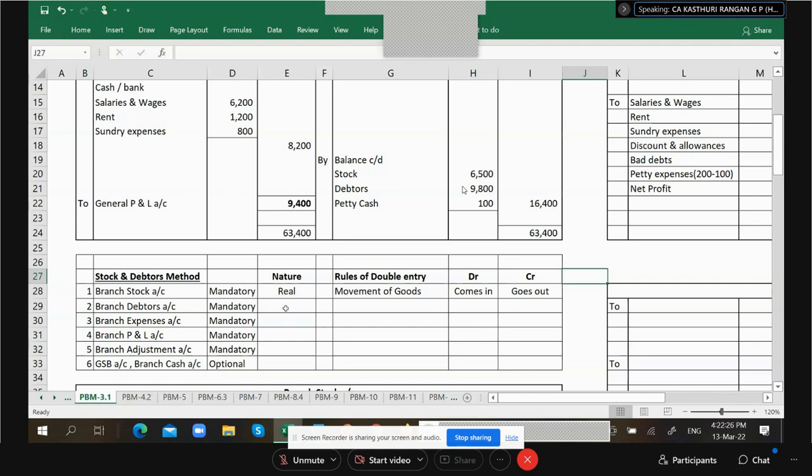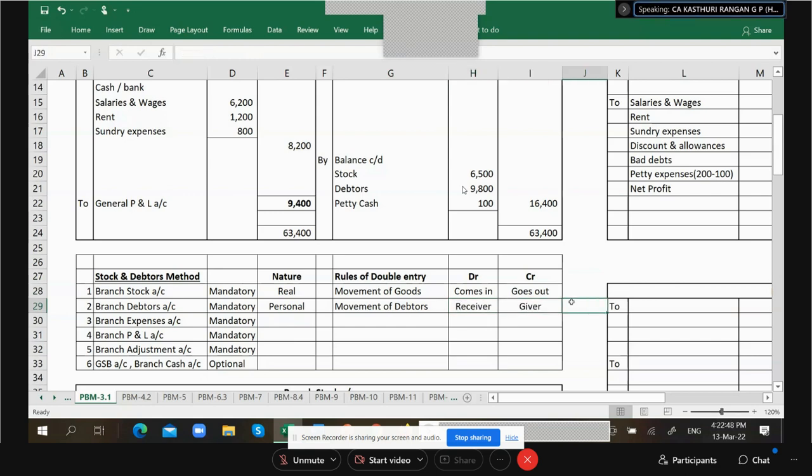Similarly, the debtors account. Debtors accounts are of the nature of a personal account. Here we will record debtors' transactions. Either debtors receive a benefit or they give a benefit. What is the rule for a personal account? Debit the receiver, credit the giver.